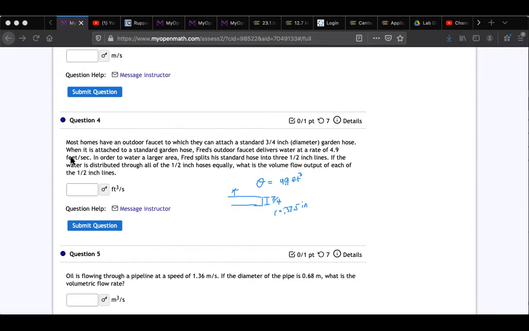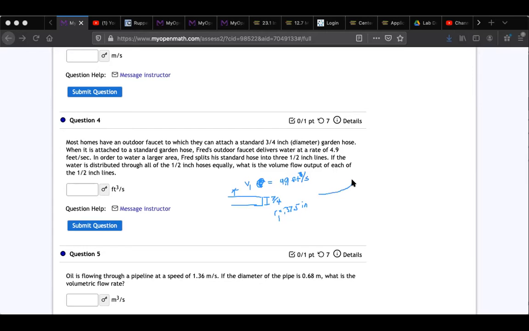Well, since it says feet per second, maybe we ought to say that it's actually feet per second, which would not be the flow rate, that would be the velocity. Okay. So this would be the velocity here at 1. This would be the radius at 1.